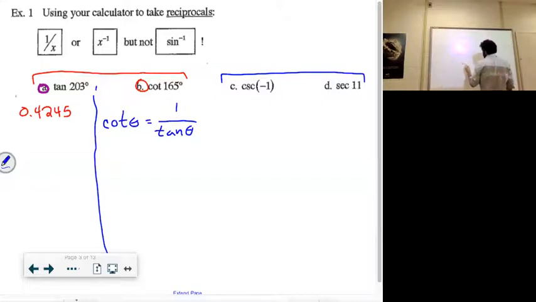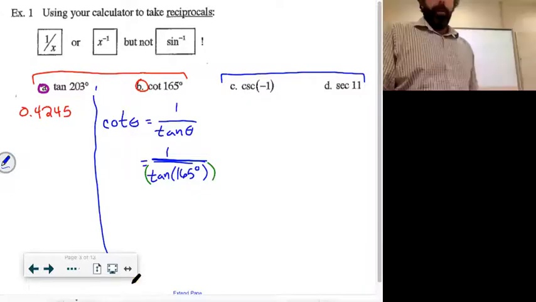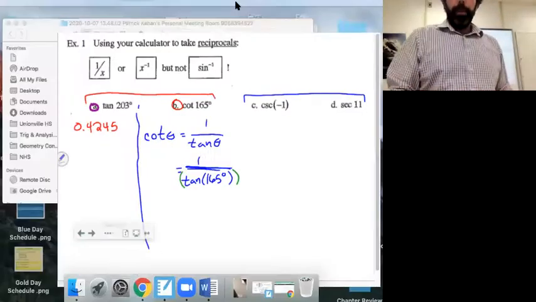When you do it, you want to enter it in your calculator as 1 divided by tangent of 165 degrees. You're not dividing 1 by the angle measure. Be careful. You're dividing the number 1 by the tangent of 165 value. So on the calculator, this is how it works.